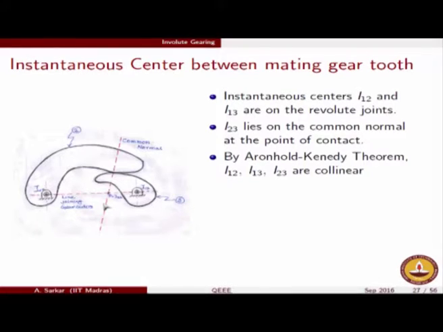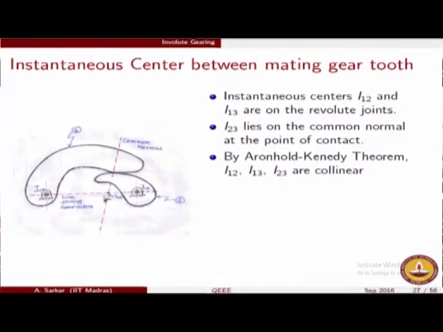So the only way in which both these arguments will hold is that the instantaneous center between body 2 and body 3 will actually lie at the intersection of these two red dotted lines, that is the common normal and the line joining the two revolute joints. The line joining the two revolute joints is shown by this horizontal red dotted line, and the common normal is shown by this line which is a little bit slanted.